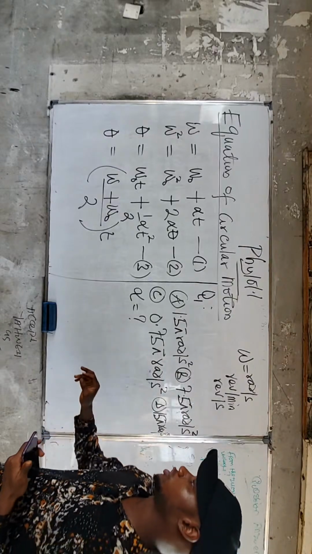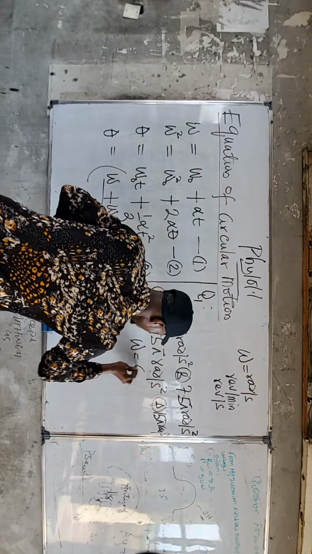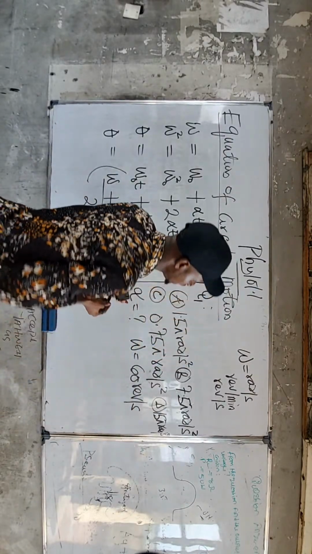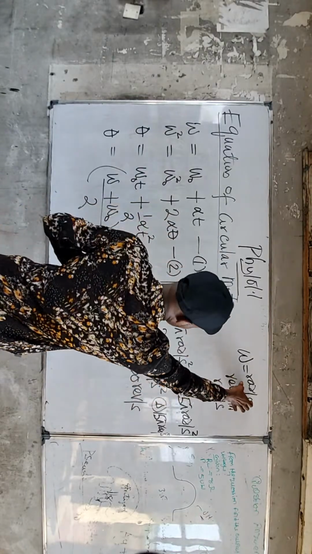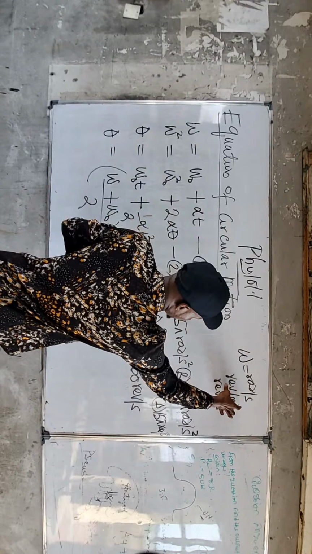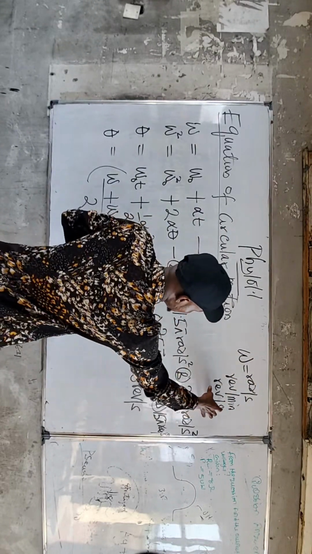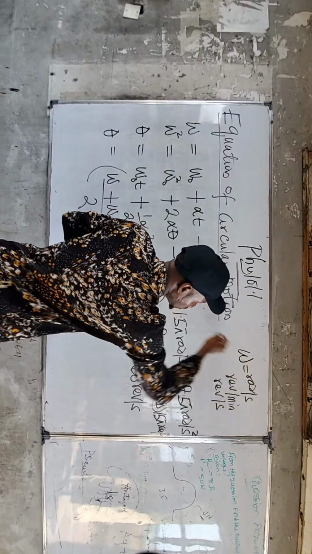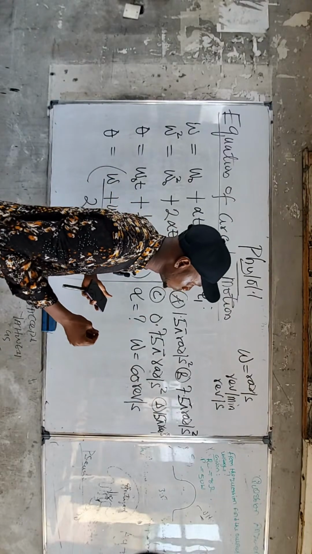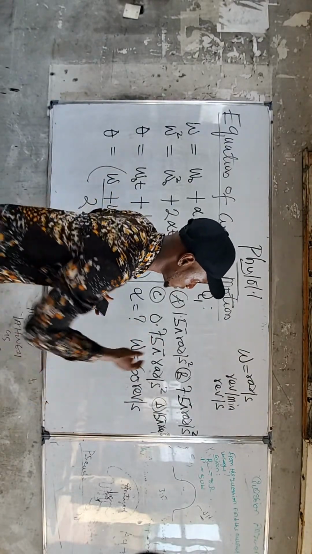Now, in this question here, we are given omega to be 60 rev per second. That means anything given to us in rev per minute or rev per second is said to be omega. But in using that parameter, we always focus on the main SI unit, which is rad per second.